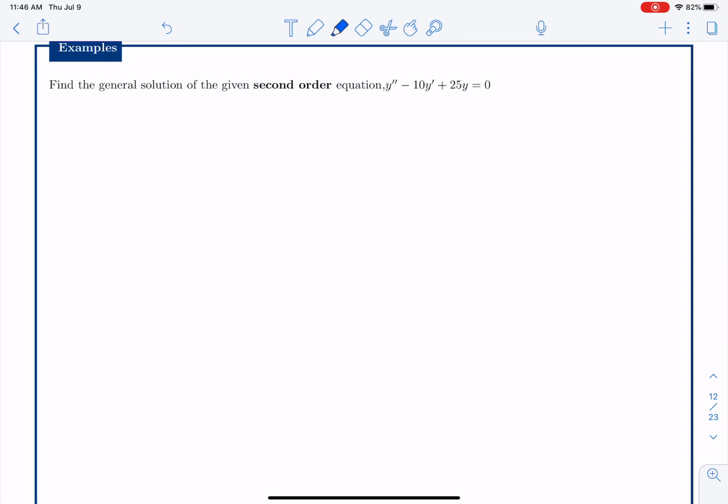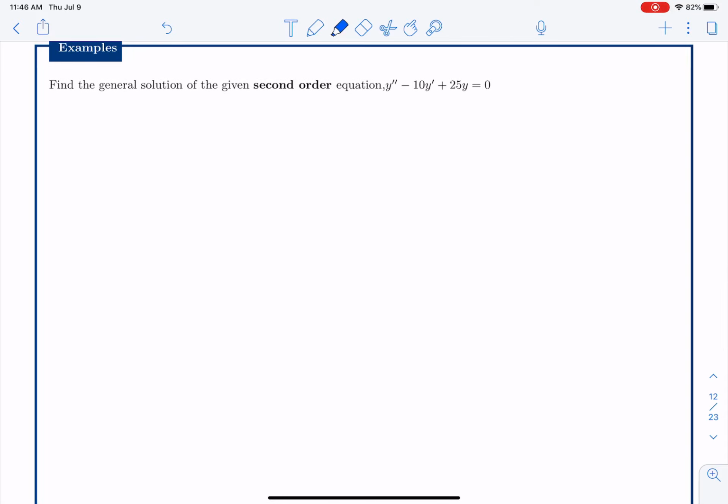So the solution to a homogeneous DE with repeating roots and constant coefficients, of course we're talking about a second order DE, is simply C1 e raised mx plus C2 x e raised mx.